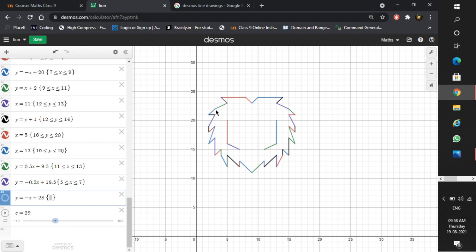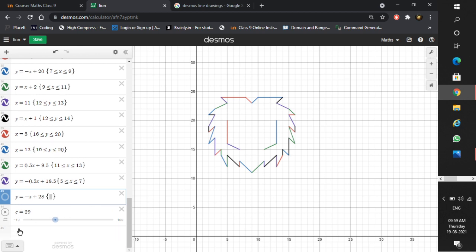x equals 2y means the horizontal distance is double the vertical distance. So you can write that also, x equals 2y. But do not write x equals 2y, just change it. Y should always be on the left hand side.